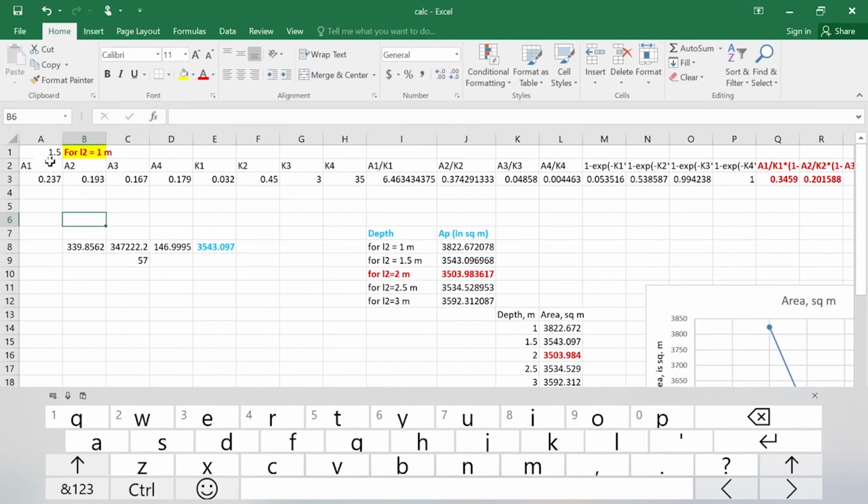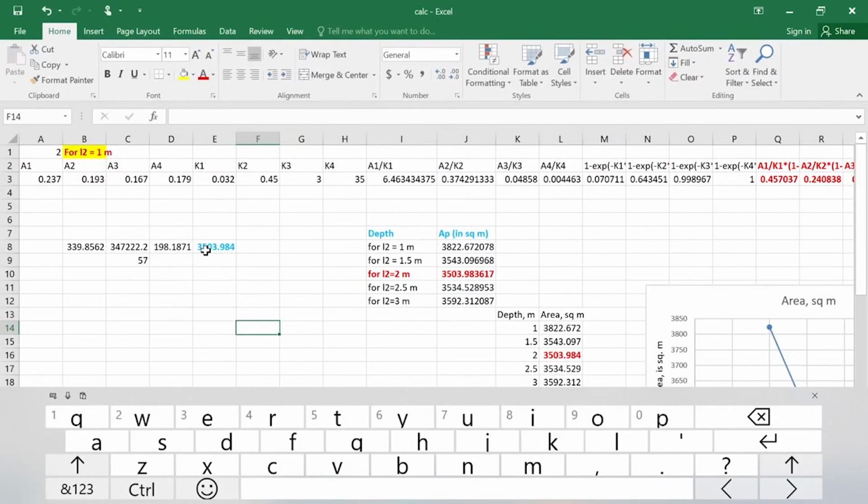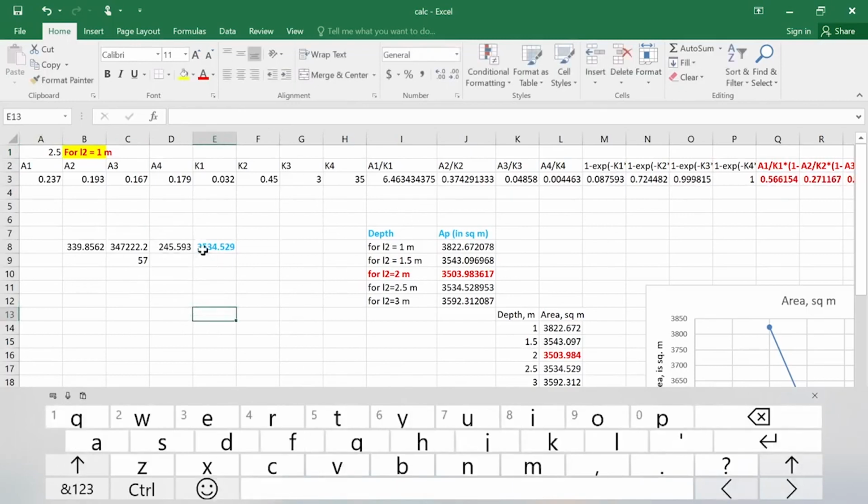Okay, then we will change the value to 2 and see what happens. We get a value of 3503.984, which is something like 3503.983617, to be precise. And again we can change to 2.5. Let us see what happens. At 2.5, it comes to be something like 3534.529.